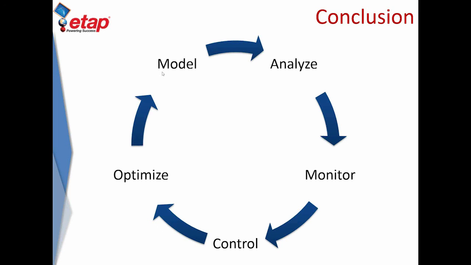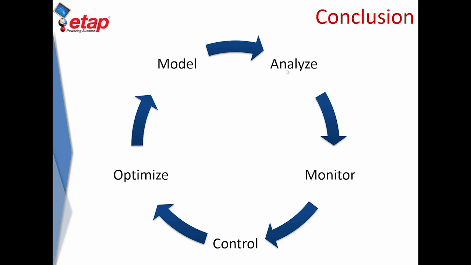So if there's any change or expansion in the system, what we always suggest and recommend is that the model that is the single source of truth, the base model that's used for the real-time system, is the one that gets updated first.